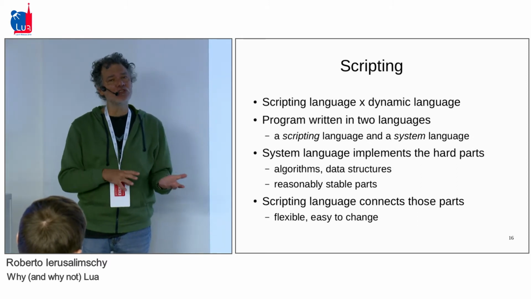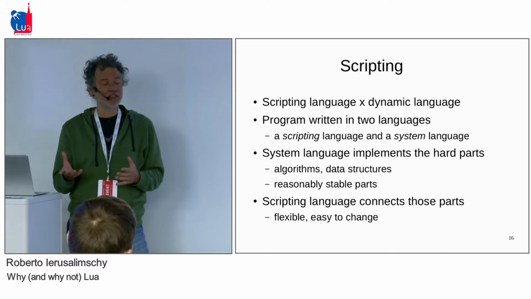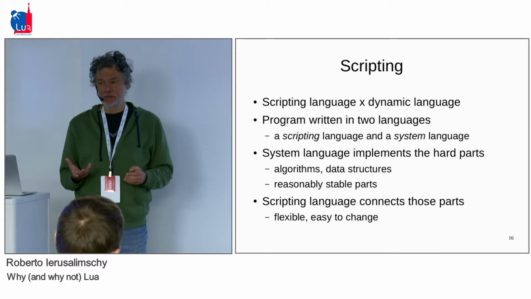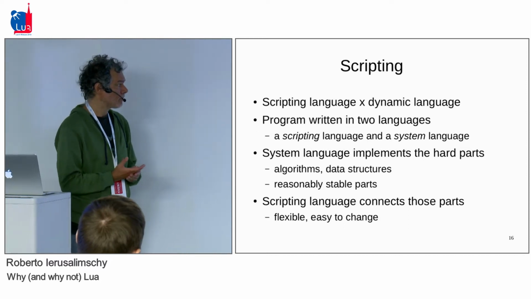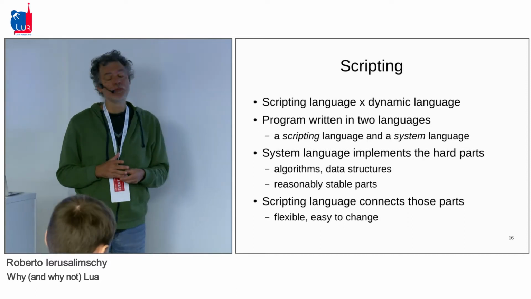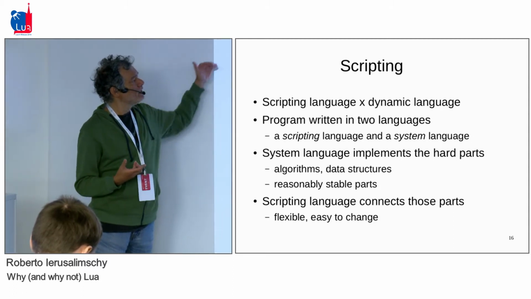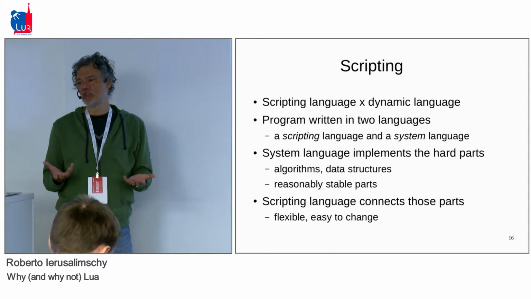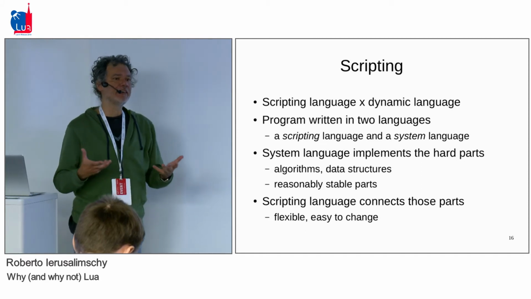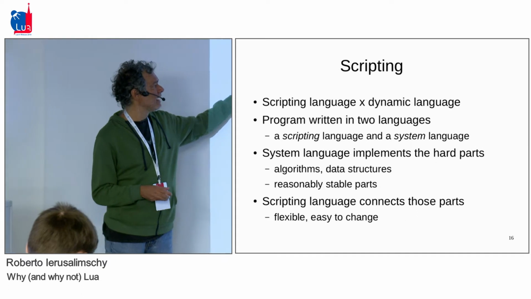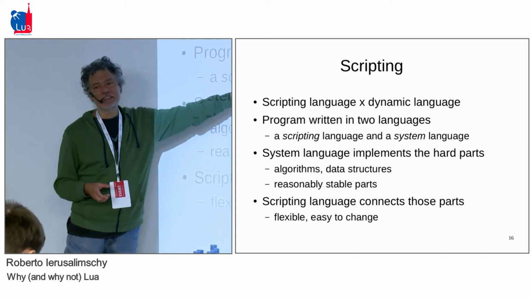It's almost a synonym for dynamic language, but it shouldn't be. Scripting language, in its original meaning, is the idea that a program is written in two languages, called exactly the scripting language and the system language.